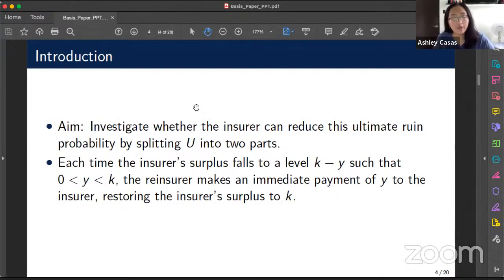It relates to the amount by which the surplus process falls below a fixed level K. Each time the insurer surplus falls to a level K minus Y such that 0 is less than Y less than K, the reinsurer makes an immediate payment of Y to the insurer, restoring the insurer surplus to K. If any claim causes the insurer surplus to fall below 0, the reinsurer does not make any more payments, and ruin occurs at the time of this claim.